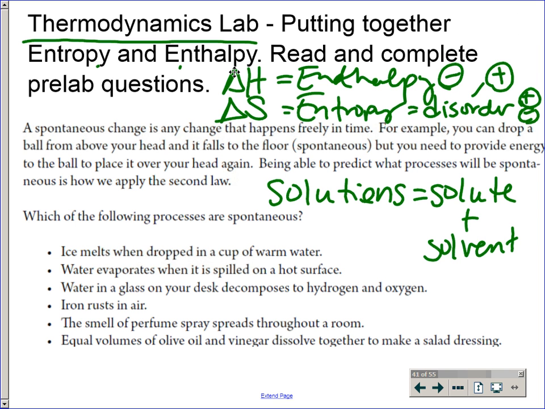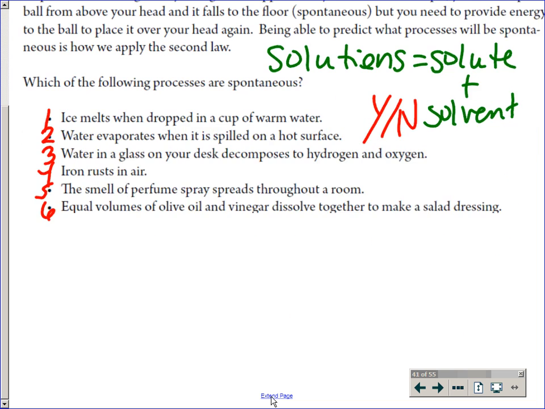All right, so before I move on, you're going to work in your table groups for the moment. You're going to answer questions 1, 2, 3, 4, 5, 6 with a yes or a no on if you think that process is spontaneous. If you don't know what spontaneous means, read the background here for a minute. Just write down 1 through 6, and you'll put a Y or an N next to it. On the lab sheet. Yep, this is the pre-lab. This is the pre-lab reading and pre-lab questions.